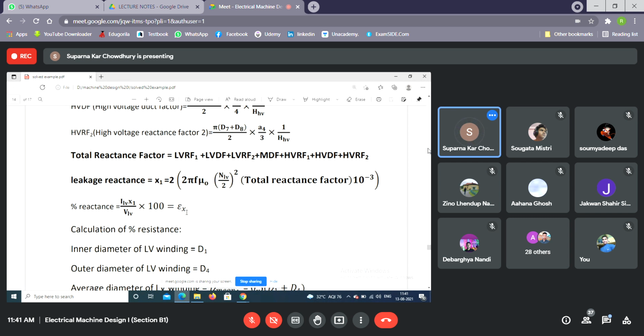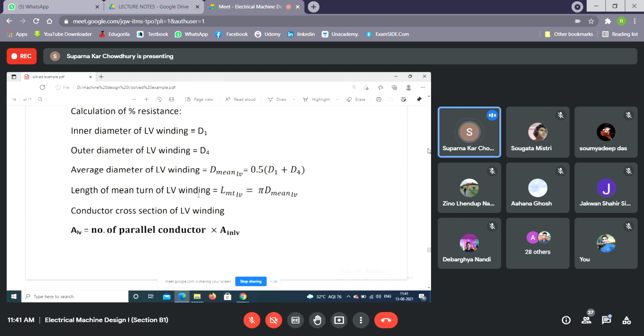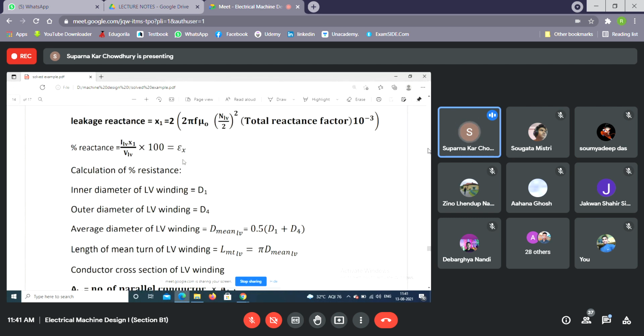Now, epsilon r is very small. The epsilon r also we can calculate, but we will discuss it afterwards. As a thumb rule, as epsilon r is very small, epsilon x should be less than or equal to the value I have specified. Now we will allow an error of 10%.